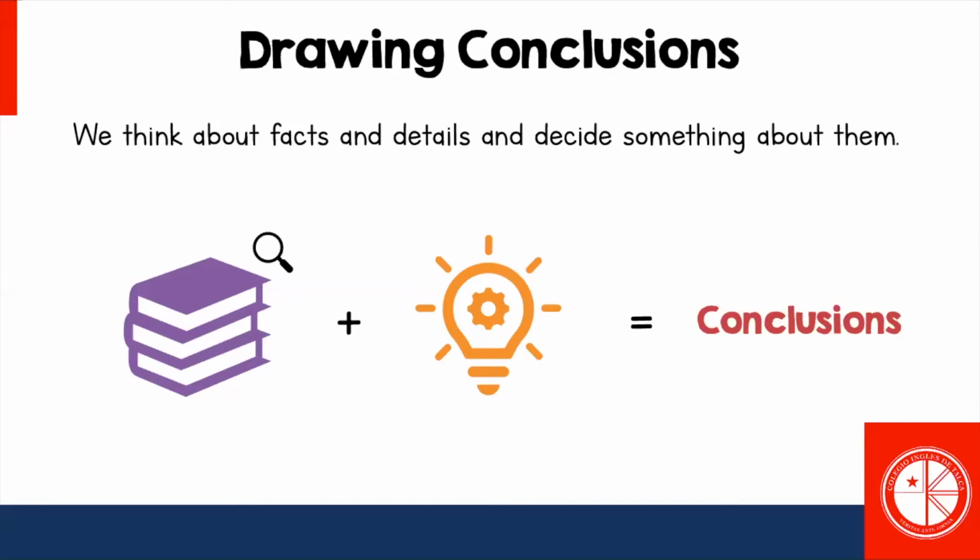So I can have a text, I can read it, I can scan for information, all the details, and then I combine this with all that I know. Primero tenemos todos los datos, tenemos todo lo que podemos rescatar del texto, lo combino con lo que yo sé. And then I can draw some conclusions.